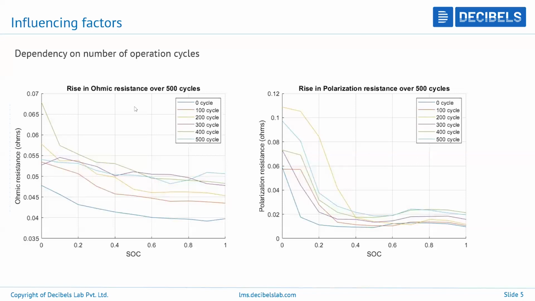Okay, so just like how ohmic resistance is affected, polarization resistance will also be affected over the entire cycle life. This is basically tested for an NMC cell, nickel manganese cobalt cell, and this is from the LG brand. LG makes lithium ion NMC cells for scooters, two-wheelers or electric vehicles.